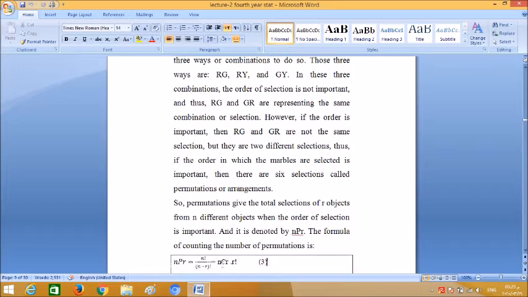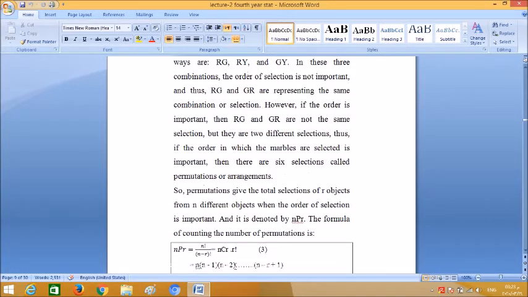So nPr can also equal nCr multiplied by r factorial, right? So nPr, the number of selections, is greater than nCr by r factorial.